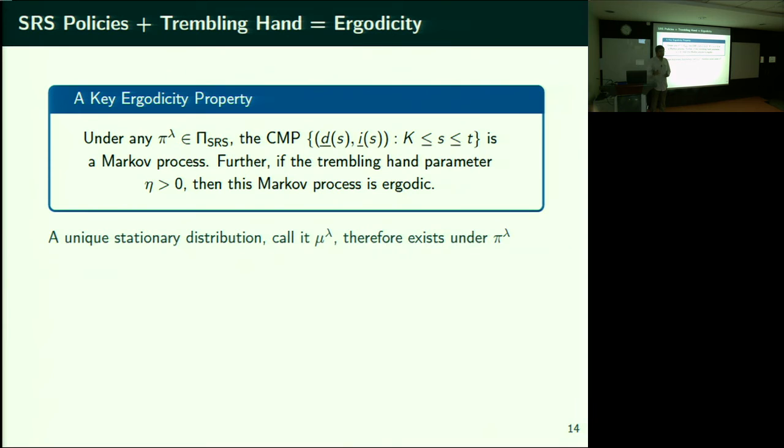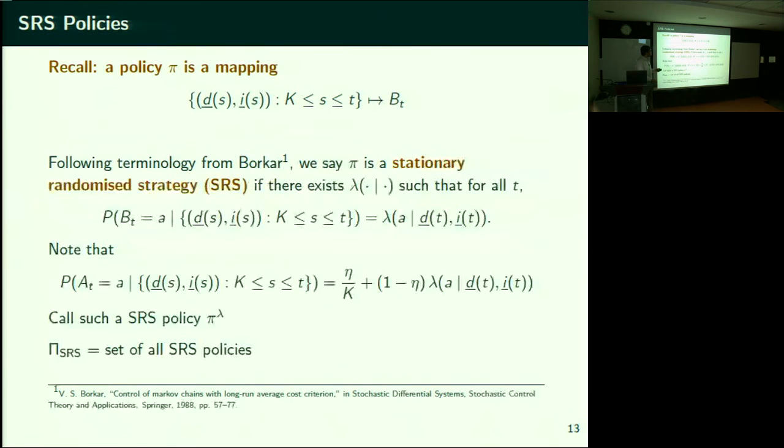And lambda of A given D is also not a function of time. Lambda is a fixed lambda. It doesn't know what the time is or how long you've run. Based on the current state, lambda operates. That's why the terminology stationary comes for the SRS policy. So we are assuming that these transition probabilities are stationary. It does not change with time.